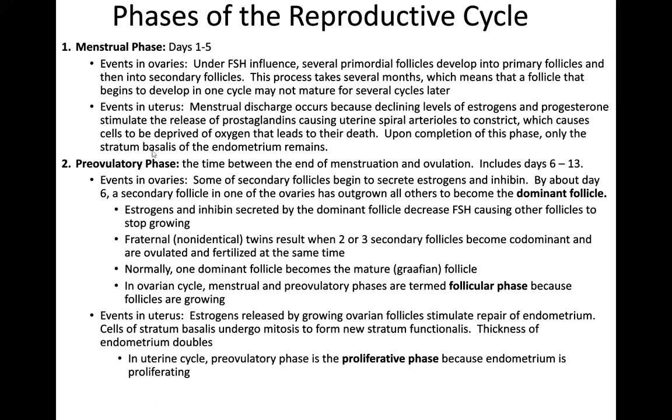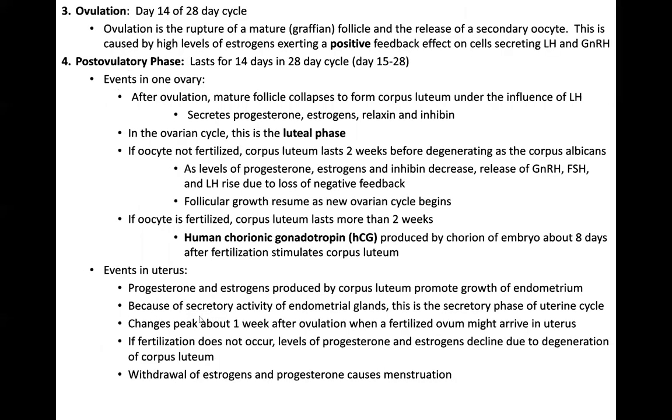All that was left is the stratum basalis. And so during this phase right after that, it's starting to build back up. The stratum basalis, that layer that was left, undergoes mitosis, and that forms a new stratum functionalis. And by the end of this week or so, the endometrium has doubled its thickness. Okay. In the uterine cycle, the preovulatory phase is called the proliferative phase because the endometrium is proliferating, it's growing.